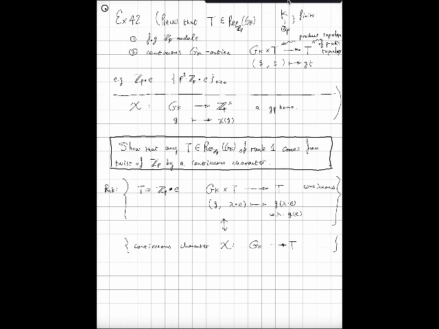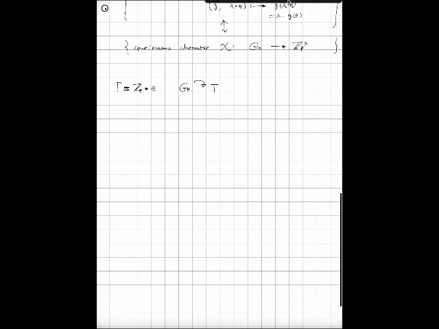Given a rank 1 Galois representation, the GK action over T induces in particular a group homomorphism, a map from GK to Zp, which maps g to its image g of E.